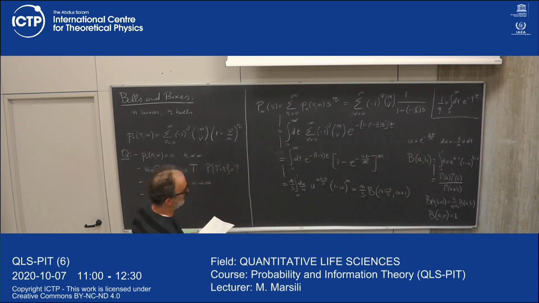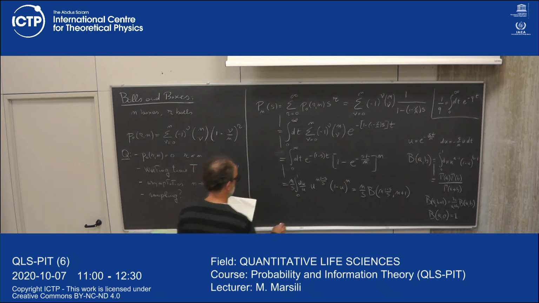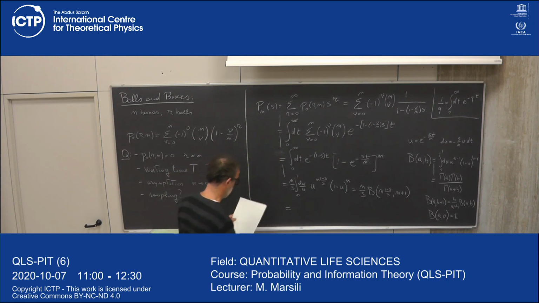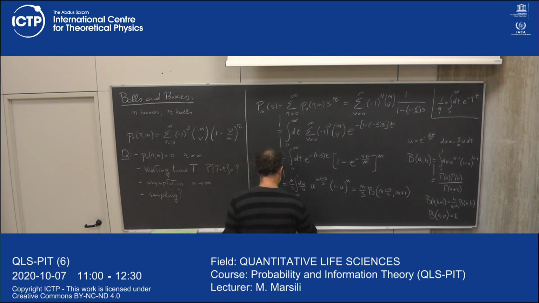So if you do this and do a little bit of algebra, then you find that this generating function becomes n times s to the n, product over k from 1 to n of 1 over n minus k times s.